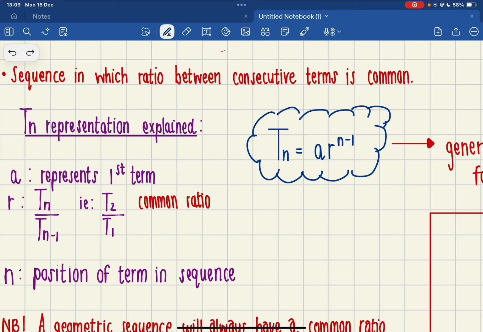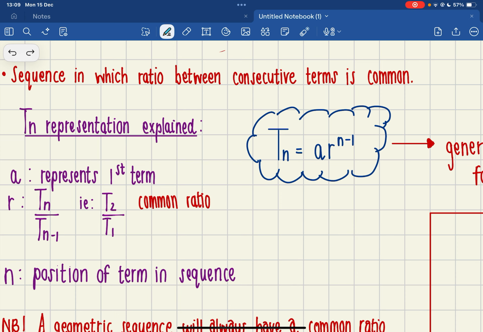If you think back to arithmetic sequences, we had a d, which represented a common difference. In geometric sequences, we have a common ratio, represented by the symbol r.